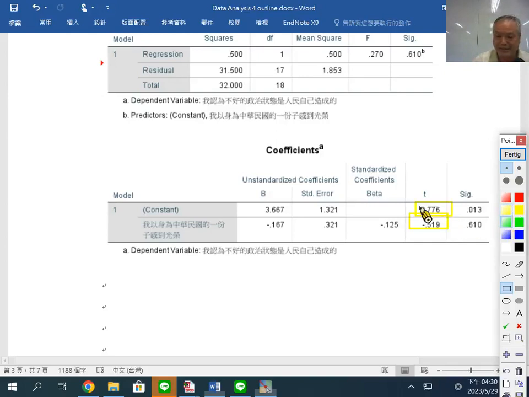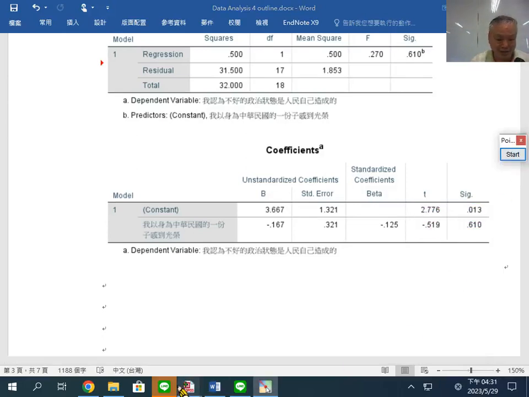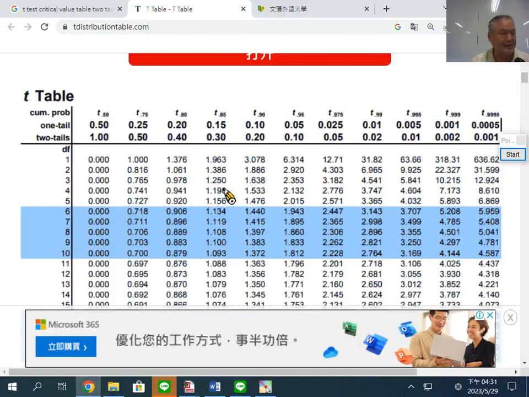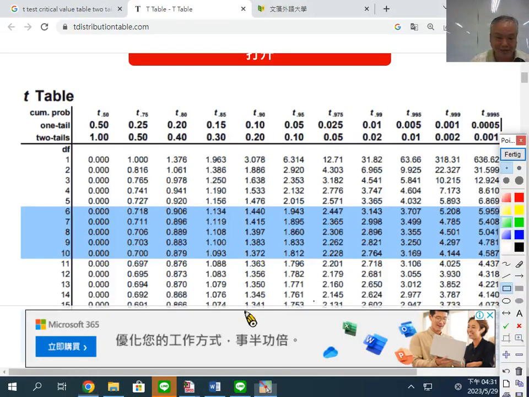The probability should be less than 5% because this is large. And this one is smaller, so unsurprisingly, the p-value is large, right? Can you see this one? Smaller, larger, and larger, smaller. And if we check out the t-table, it has the same tendency. If you look at this one, smaller, the probability is higher, and larger, the probability is lower. But of course, you have to consider the degree of freedom.